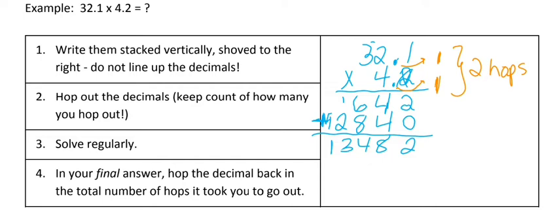So looking back at the top, we had 2 hops. So we're going to go back in 2 hops. Starting on the very outside here, we hop over not 1, but 2 numbers, so that our final decimal resting place is between the 4 and the 8. So our final answer here is 134.82. Right, like that.